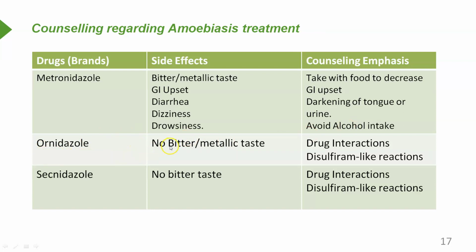This drug will not cause a bitter or metallic taste, but it can develop interactions and disulfiram like reactions, which have to be very carefully monitored by the community pharmacist.